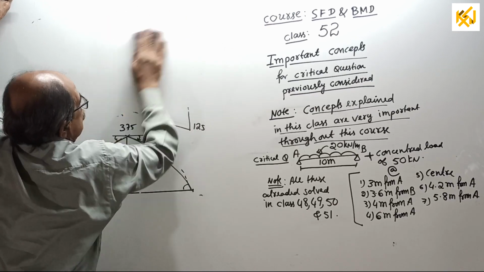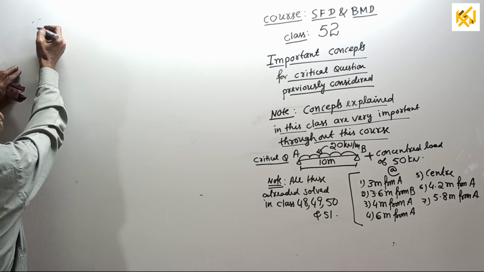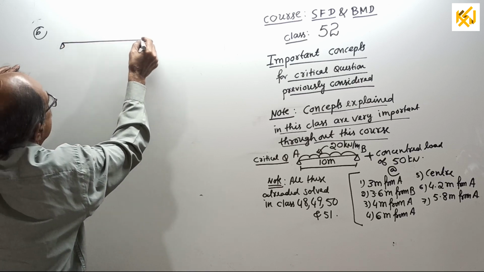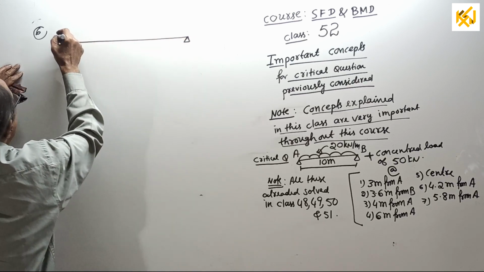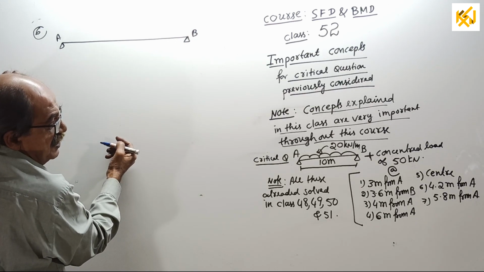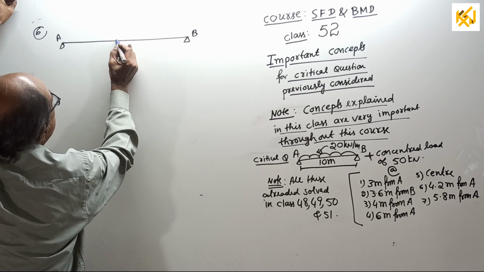Okay, once again, I'll rub and write because next there are fractional values. That is the sixth one. Sixth one and seventh one, I will tell some important concept points. 4.2 meter from A. 4.2 meter from A means somewhere here.